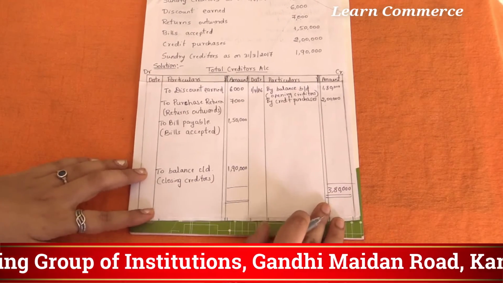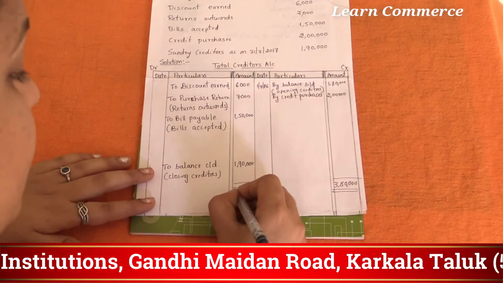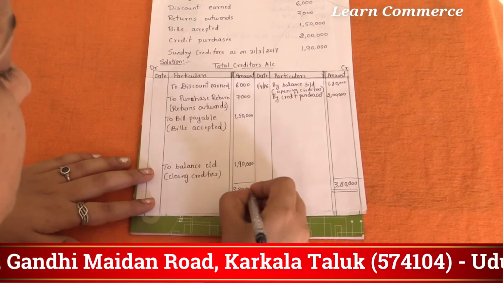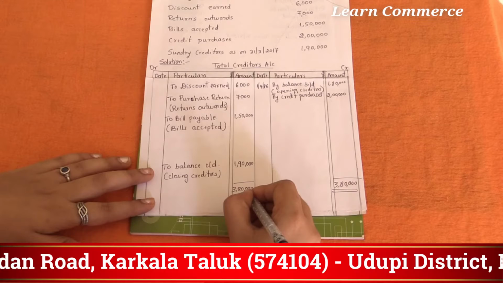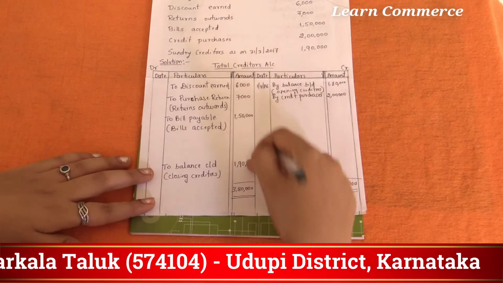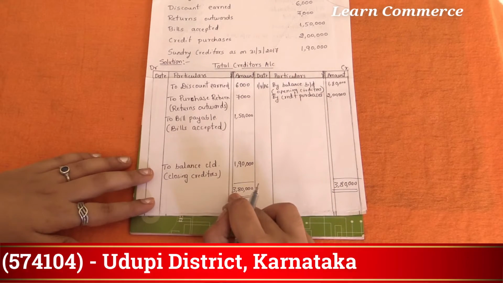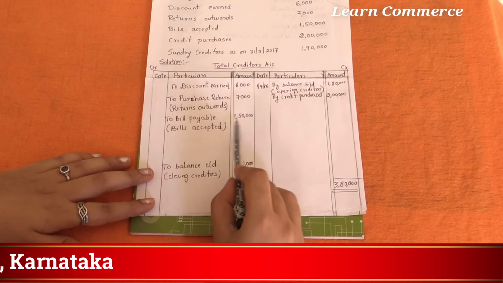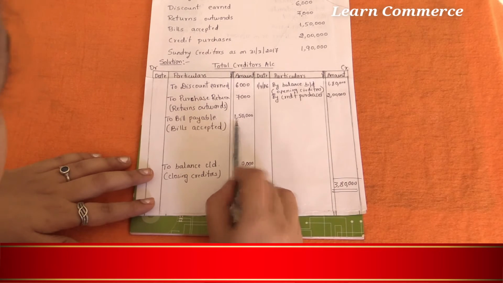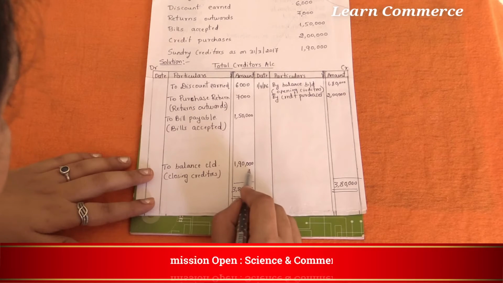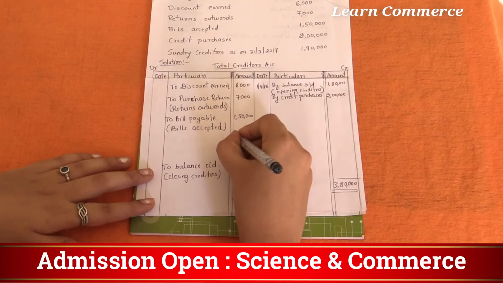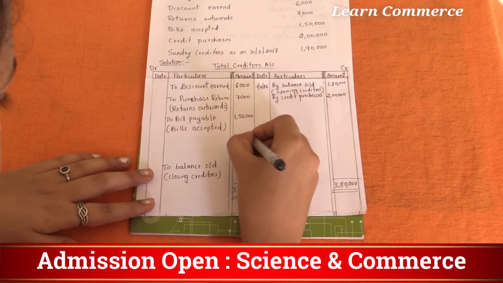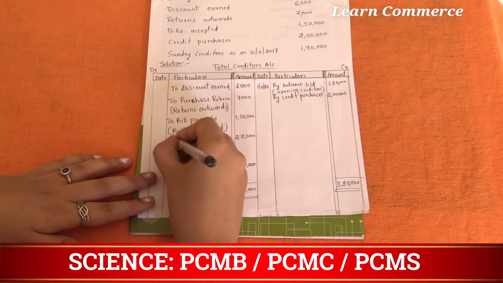Then here also write the same amount, 3,80,000. From 3,80,000 you have to deduct above these figures. So 3,80,000 minus 6,000 minus 7,000 minus 1,50,000 minus 1,90,000. The balance is 27,000.